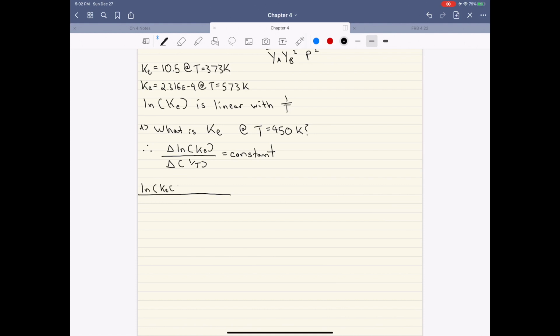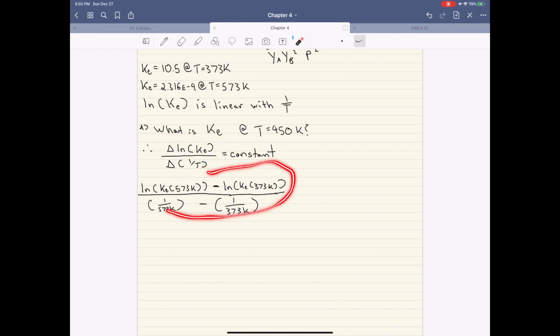We have the natural log of the equilibrium constant at 573 K minus the natural log of the equilibrium constant at 373 K, and then I'm going to divide that by 1 over 573 K minus 1 over 373 K. This is just that relationship, but written out using values we know.